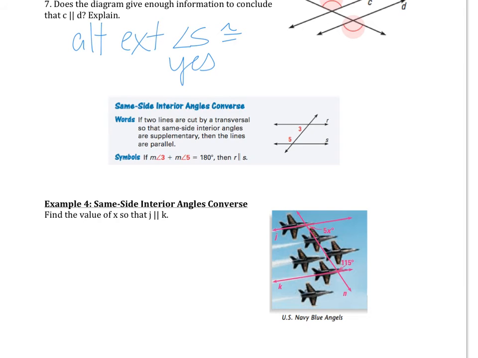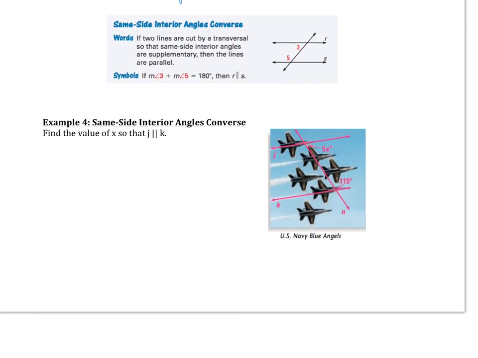And we have one more, which is the same side interior angles converse. So it basically says that if we have those same side angles supplementary, then my lines are parallel. We're going to work an algebra example. So I look at my angles. I have 5x and 115.